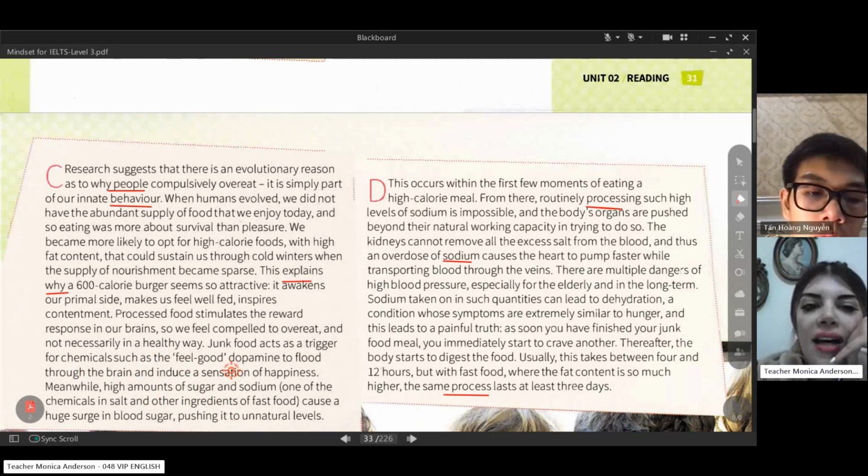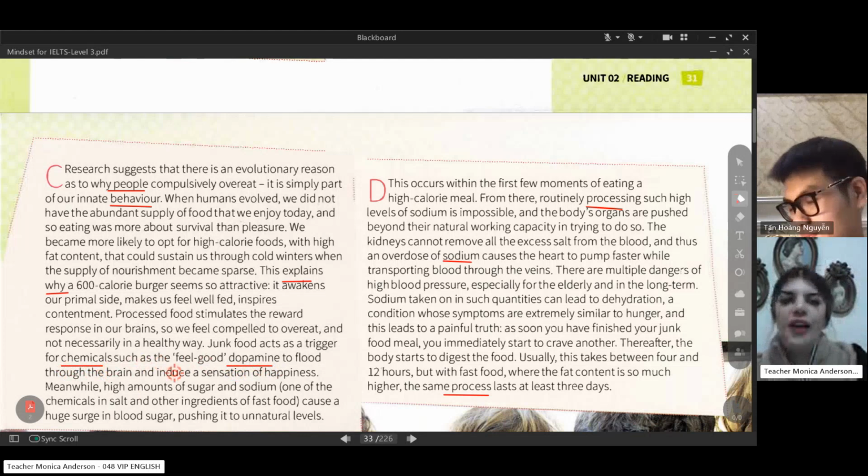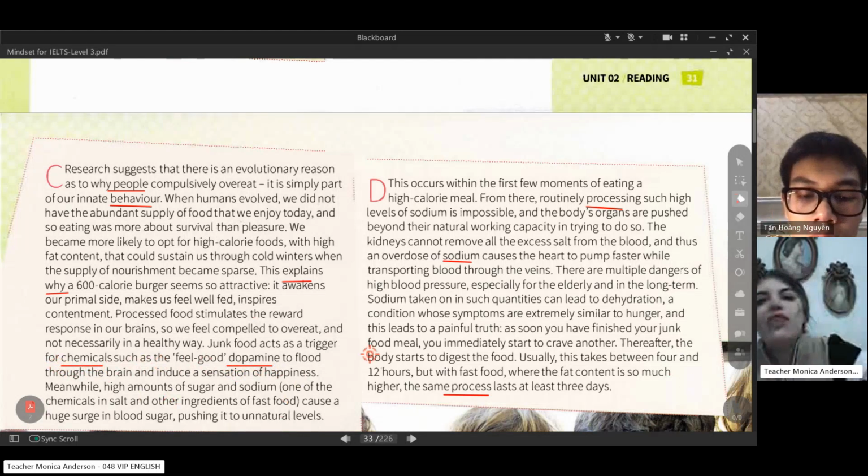Chemicals, such as dopamine. We have chemicals, of course, dopamine. So we could find the keyword chemical, and of course we could find dopamine and sodium. Okay, very good. So we have it in paragraphs C and D.